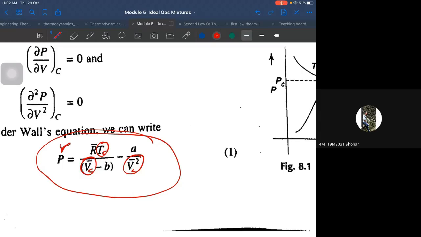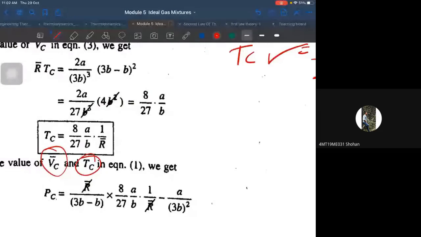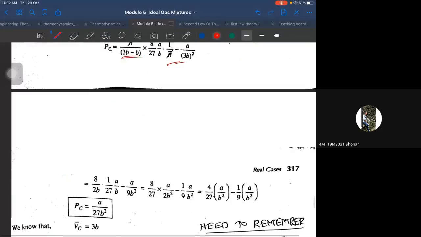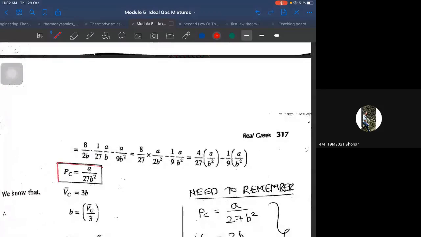Same thing he has done here. He has substituted the value of VC and the value of TC, so that if you solve this mathematics, you'll get this expression for the value of PC.